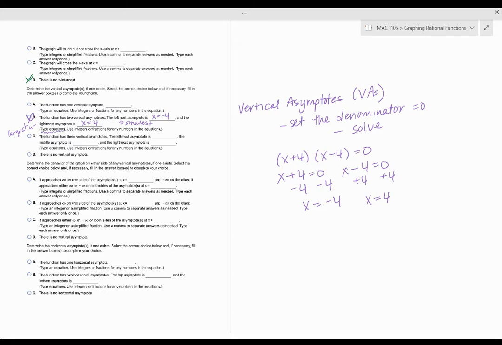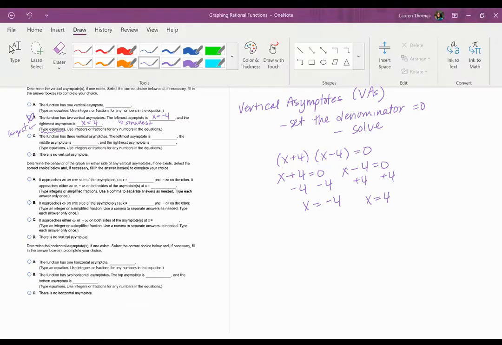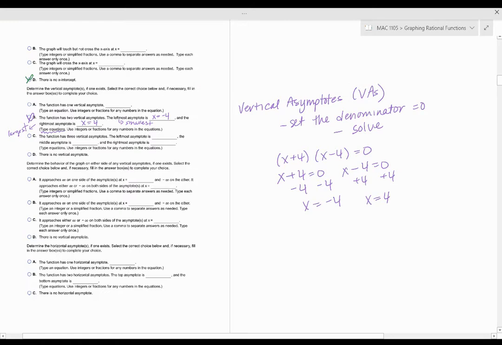It says determine the behavior of the graph on either side of any vertical asymptotes if one exists. Select the correct choice below, and if necessary, fill in the answer box or boxes to complete your choice. When you're looking at the behavior at the asymptotes, remember you're looking at the multiplicity.